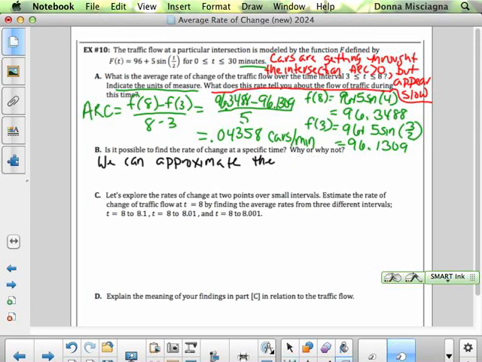Let's get rid of the word average. Just the rate of change, because average rate of change implies secant line, and rate of change at a specific time implies tangent line.